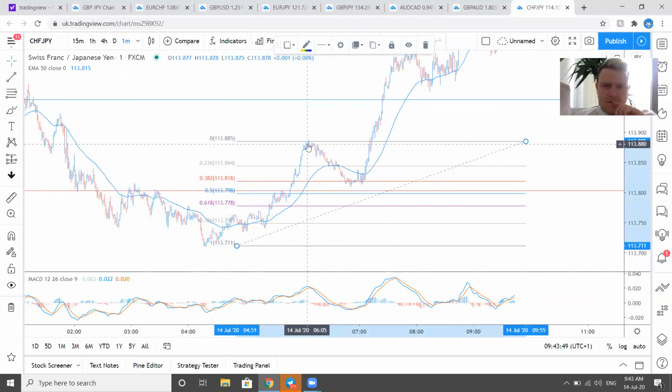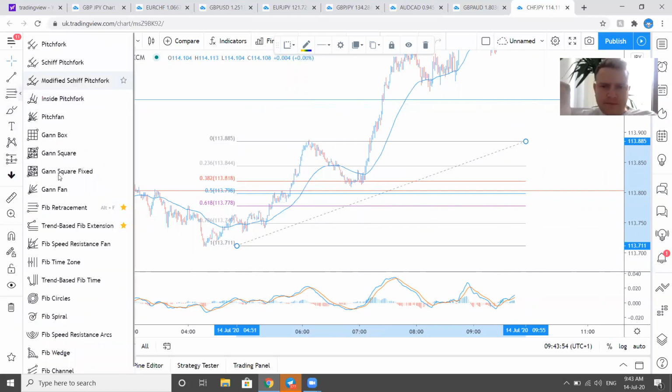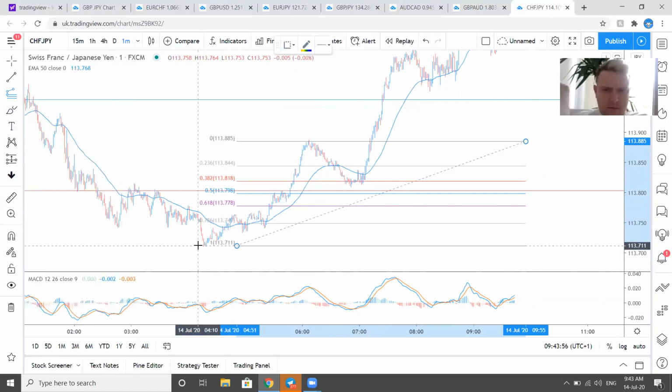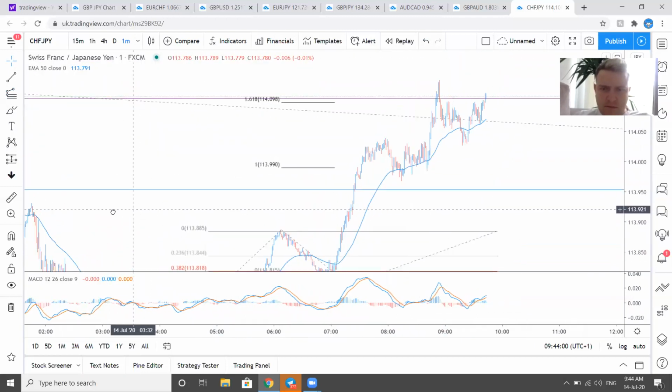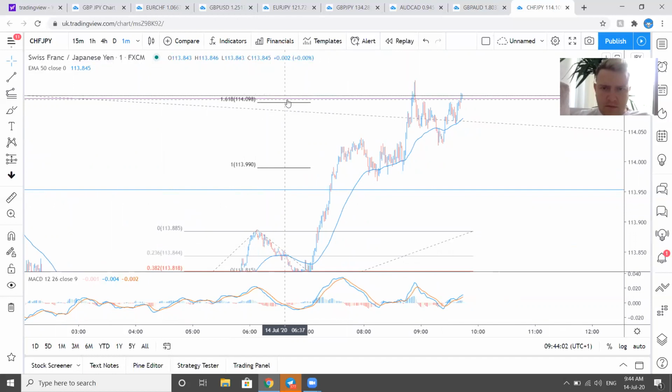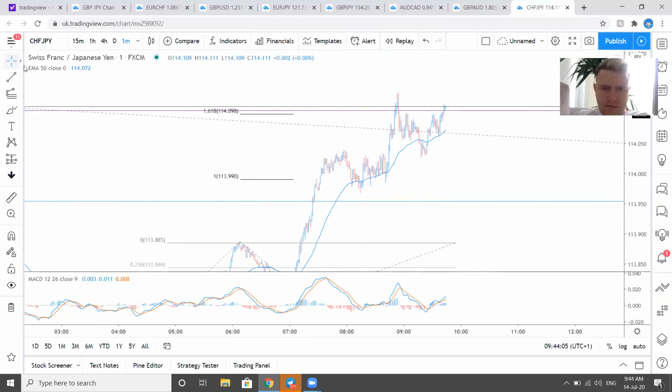Low, high, retrace. 1618 sits at this level where the pair has then started to struggle.